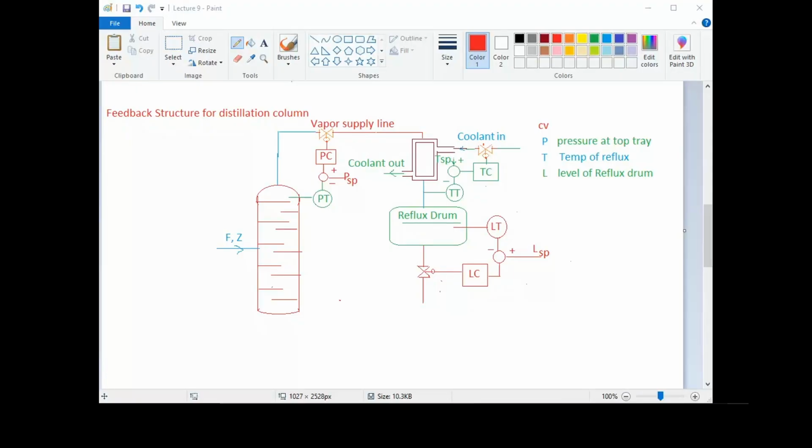So there are two things. One is we collect the top product, and the other is we feed back to the distillation column. Right. So after coming here, some part of the reflux we take out as a product, that will be distillate, and some part we recycle back with reflux flow rate R to the distillation column.